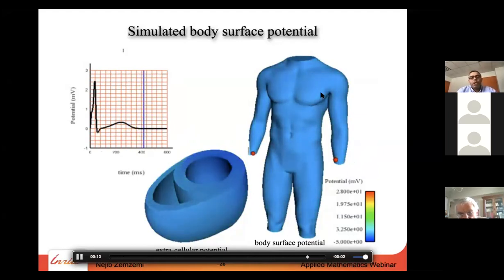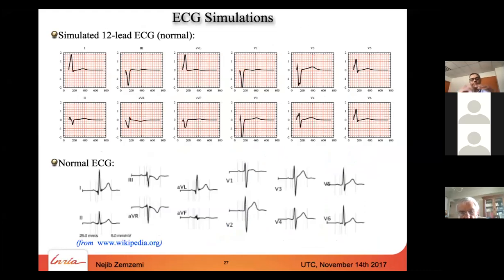What you see on the torso here is the extracellular potential and the torso potential on the body surface. Once you have simulated, you have your 12 lead ECG, that's the difference of potential between different leads on the body surface. These are the 12 leads that are used by medical doctors in order to make the diagnosis.